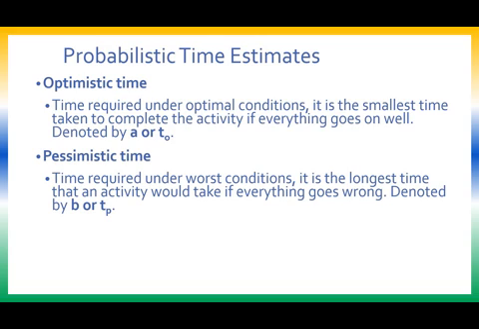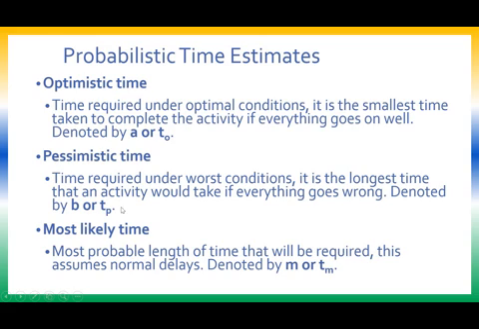So obviously the time will get extended. And out of this, many of the things are not in our hands. We cannot control them many a time. So obviously the activity duration will get extended. Such a time estimate is called the pessimistic time estimate. The worst possible, longest possible duration that is required for an activity to be completed. We denote it by either B or TP, pessimistic time.